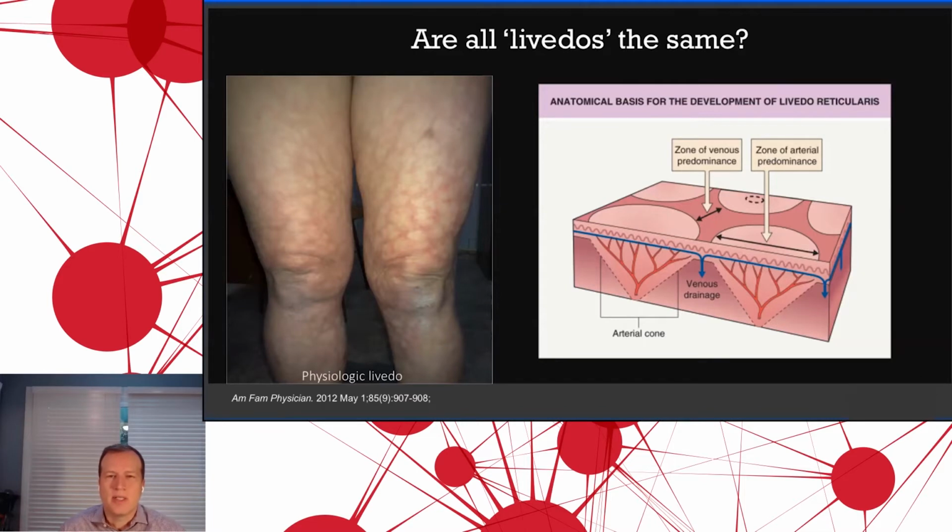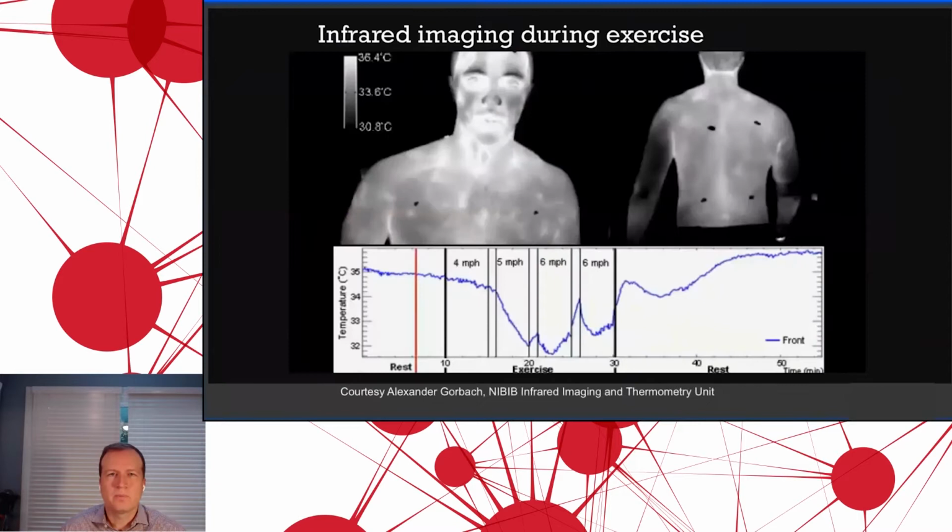And so it's called an arterial cone. So these smaller arterioles make their way towards the surface of the skin and progressively branch to become capillaries. And it's at the periphery where you have this venous predominance, and that's the erythema that's seen in that net-like pattern at the edges of these arterial cones.